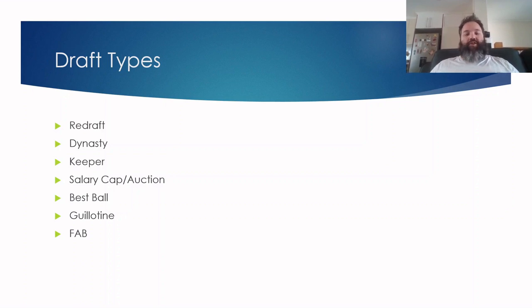In terms of the draft types that are available, I guess the most common type of draft that you'll see, and again, this is the one that's very similar to NRL Supercoach, NRL Fantasy, is what we call a redraft league. So a redraft league is basically all the players are available, and you go through generally in what we call a snake fashion.